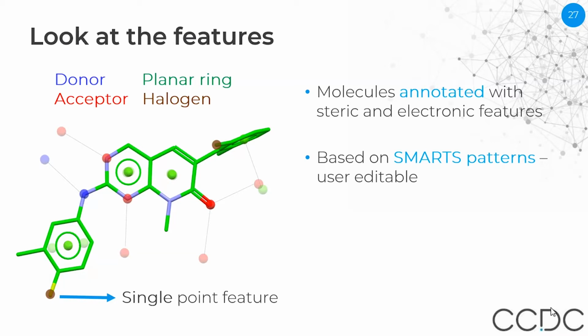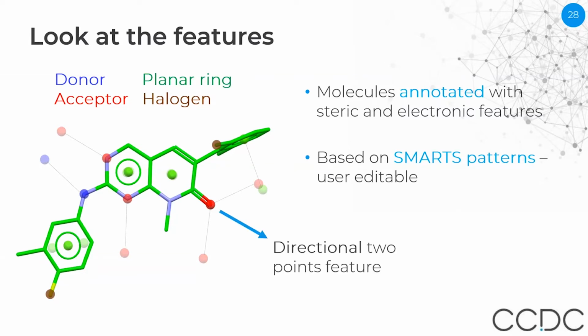Features are represented as spheres as displayed here, and they also have different colors. You will see that acceptor, for example, is colored in red, donor is colored in blue. A feature can be a single point, like the halogen highlighted here, and is located on the atom.